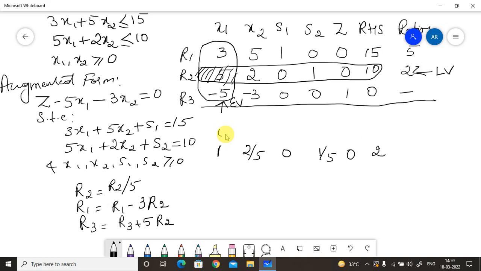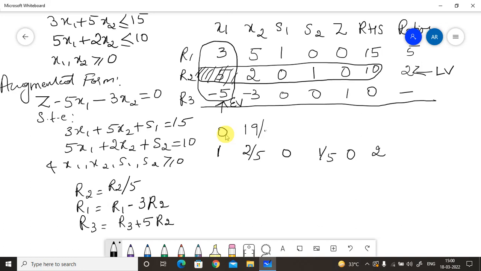Okay, so you can write down 0 here, and for the next it will be 5 minus 3 into 2 by 5. So 5 minus 6 by 5. So what is the answer? You'll get it as 19 by 5.